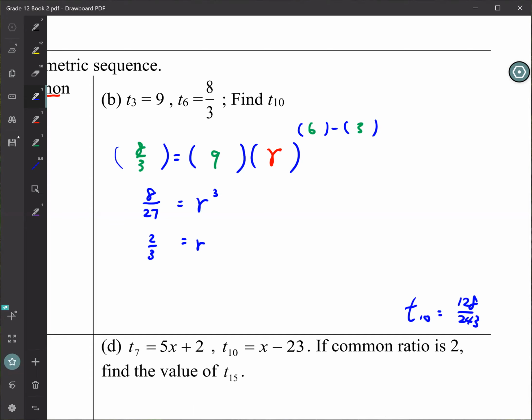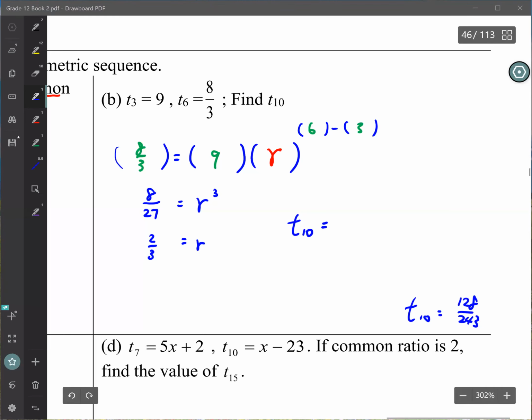Once you get the ratio, you just plug into the formula again. I want to find T10. Kelly, which term did you start with? How did you find T10, Kelly? Can you hear me, Kelly? Kelly, are you there?